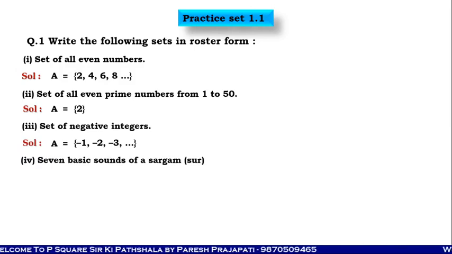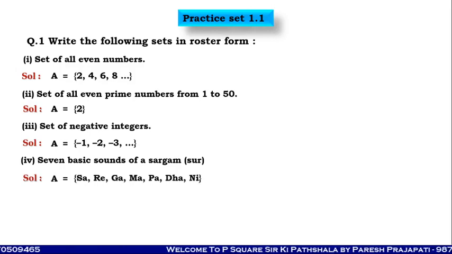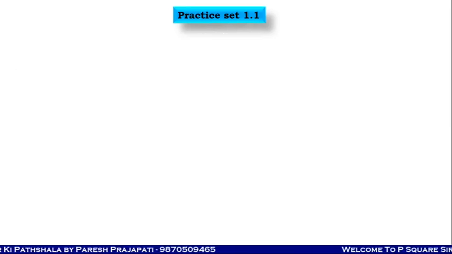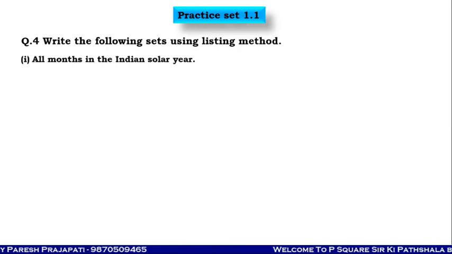Next one, 7 basic notes of a scale. The basic notes are sa, re, ga, ma, pa, dha, ni, sa. Sa is going to repeat, so I have written it only once. Next question is we have to write all months in the Indian solar year.